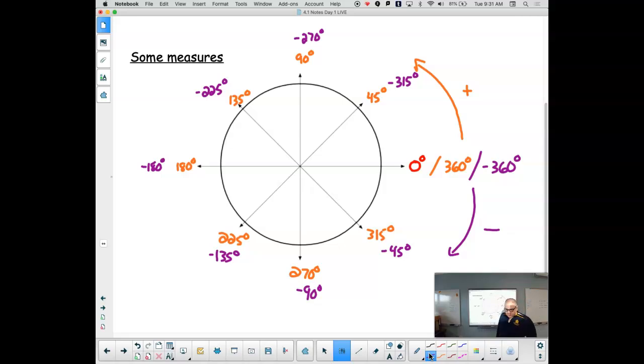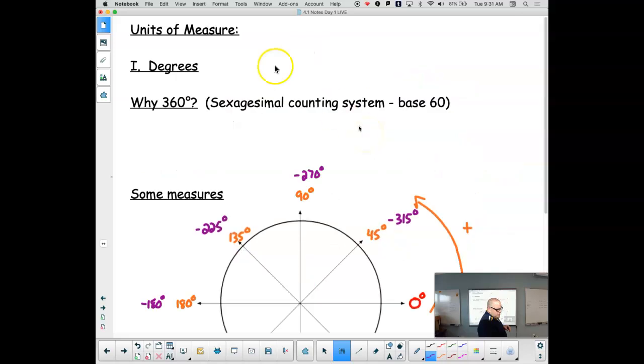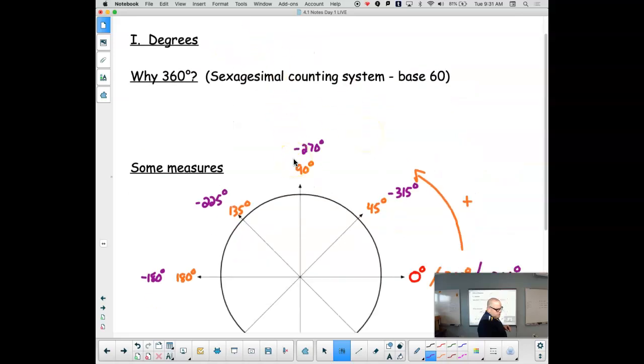We can go multiple times around the circle. Now, that is one of the units of measure, degrees.